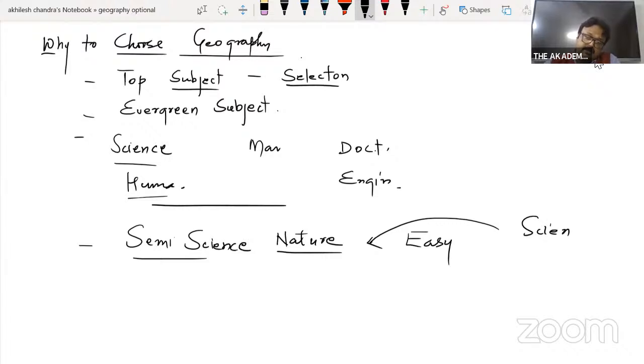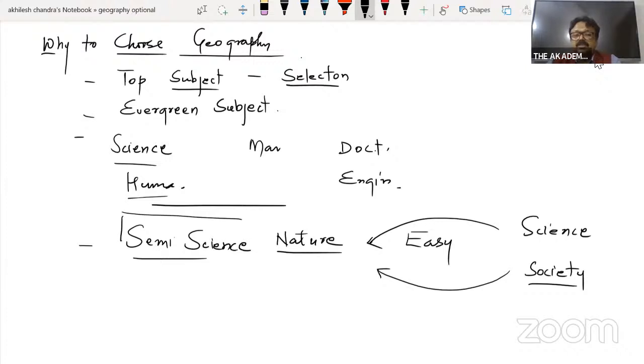Again, it also has a tinge of society, so humanities is part of it too. A basic understanding of science should be the prerogative of every citizen in order to understand life, the metabolism of your body, how to be healthier and lead a good life. That's why this much science is required.